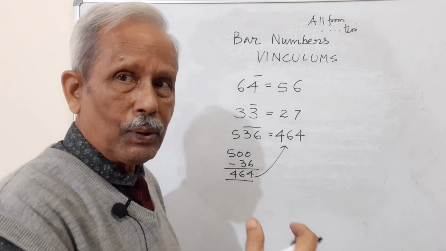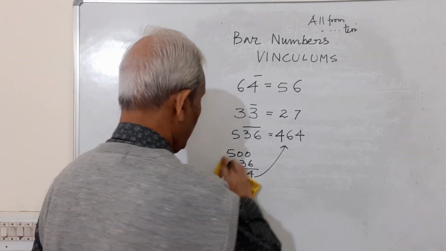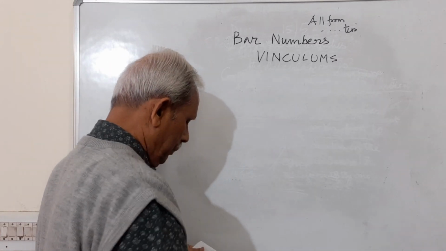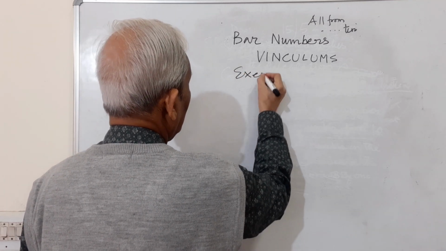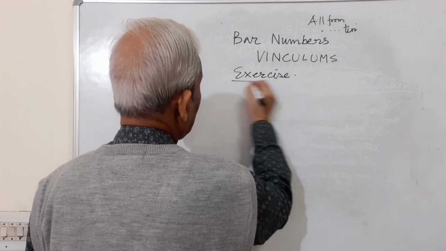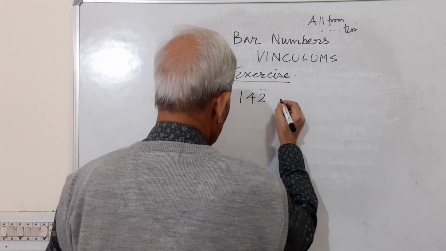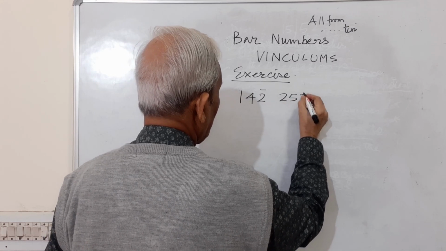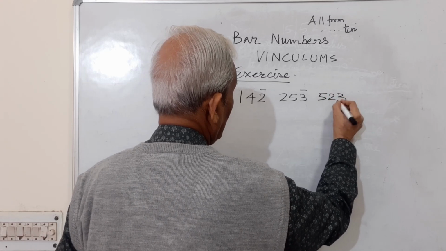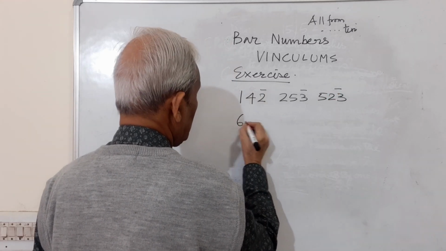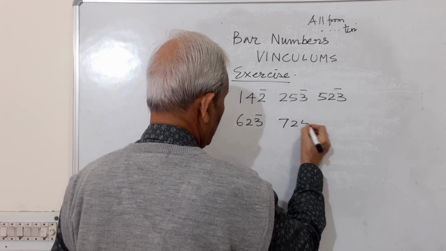So you can convert both the digits or one digit depending upon what is required. Well, I'll give you some examples which you can practice yourself. Some exercises which you can practice later on: 142-bar, 253-bar, 523-bar, 623-bar, 725-bar.